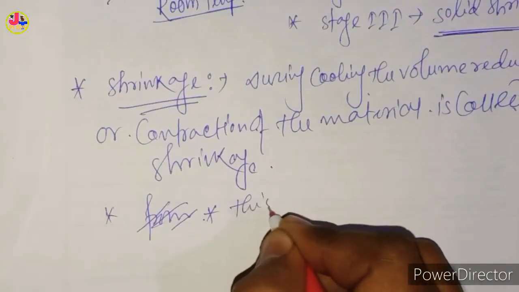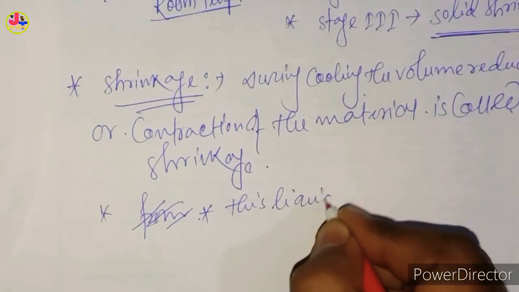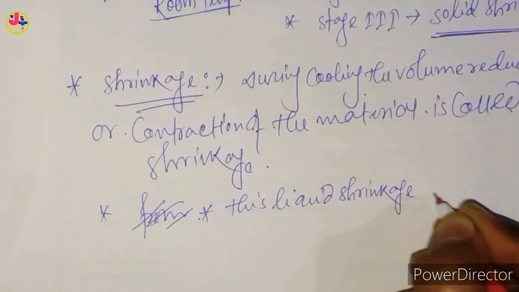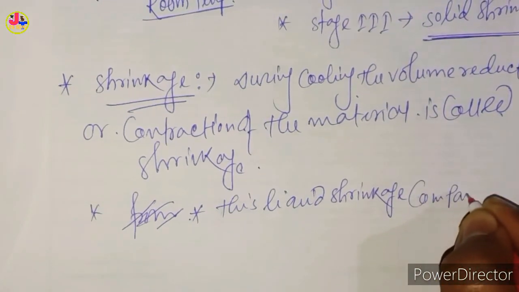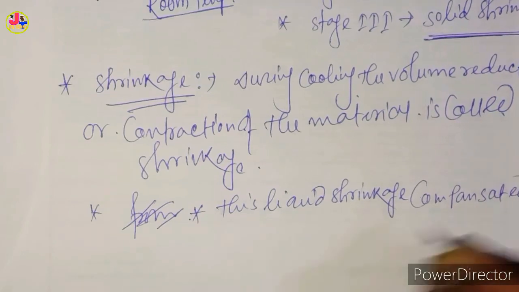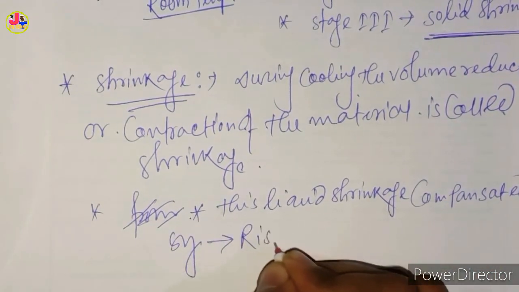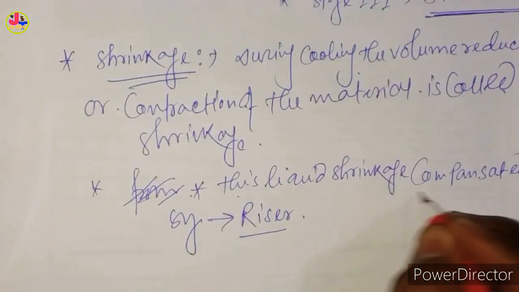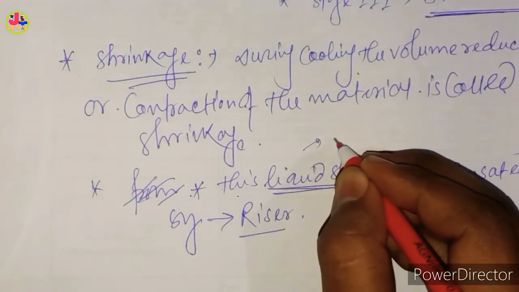This liquid shrinkage is compensated by the provision of a riser. So the riser compensates the liquid shrinkage of stage 1 and stage 2.